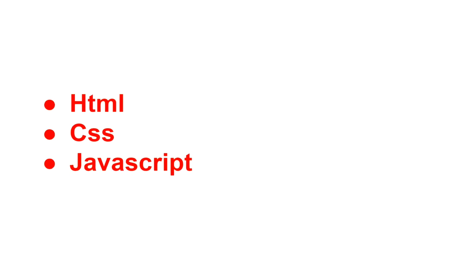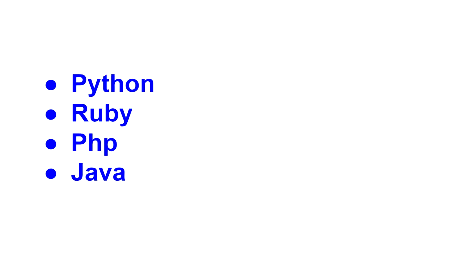The back-end is the part that powers the front-end. It's mainly about storing data in databases and providing it to the front end. Back-end developers use Python, Ruby, PHP, Java, etc.